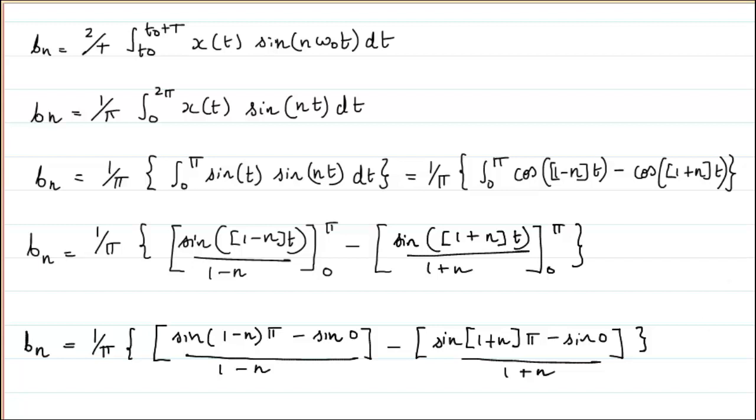So there also I will look for the even and odd. If there is any difference, for example, we know that sine of 0 is 0, sine of pi is also 0, sine of 2 pi is also 0, so it's all going to be 0 whatever be the case.